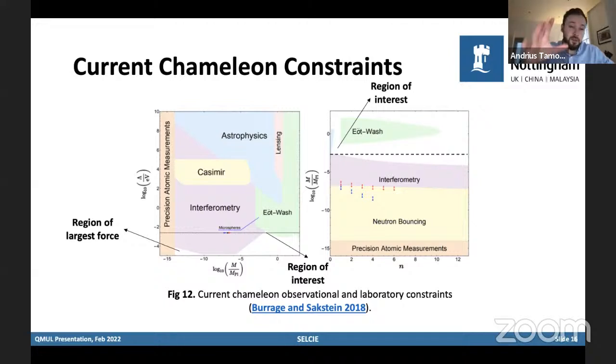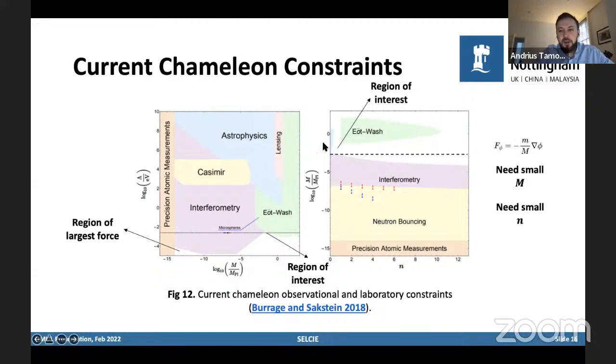Not a lot of interesting regions in the parameter space. All the colored areas are ruled out. The dashed line here is the dark energy scale. These are the models that would give you some interesting phenomenology in the context of dark energy. There's a very little triangular area here that's not yet ruled out by interferometry.